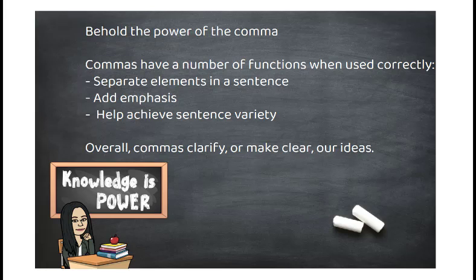The other thing to understand is that you can have several comma rules happening at the same time. And it's a little trippy to see because it could feel a little overwhelming, but when you trust and know that you're using the comma for the specific reason that you're supposed to and following the rules, then you don't really have anything to worry about.